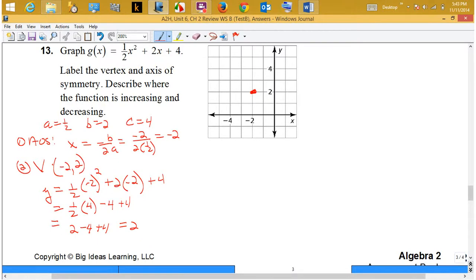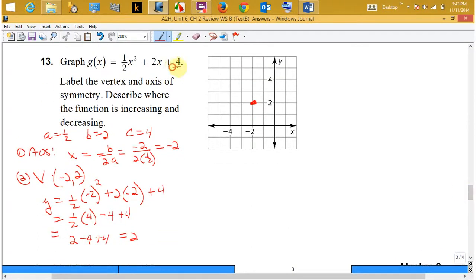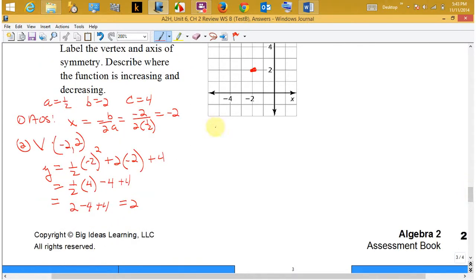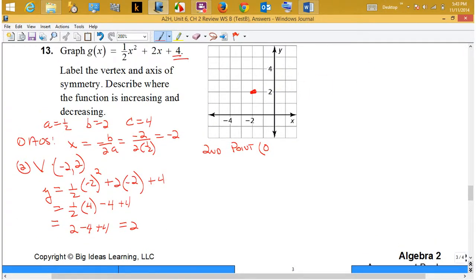Okay, now I need to pick another point. Normally I would pick a point a little bit higher up, but this 4 will be my y-intercept, because if x is 0, that leaves me with y equal to 4. So my y-intercept is 4, and I'll plot that. The scale they show here doesn't go up to 10, so normally we have a larger scale on our graphs. Anyway, if I pick a second point of 0, I get 4 for y, so (0, 4).